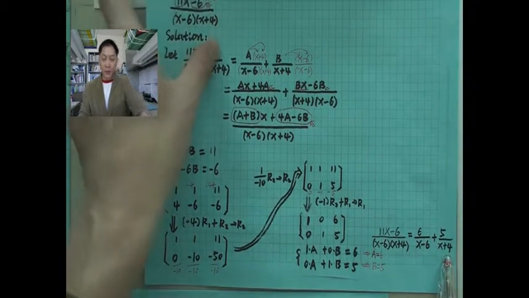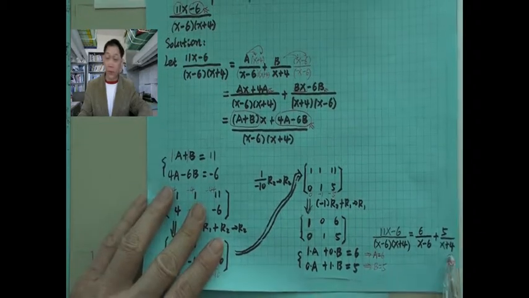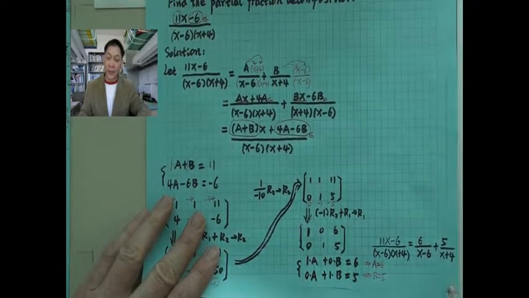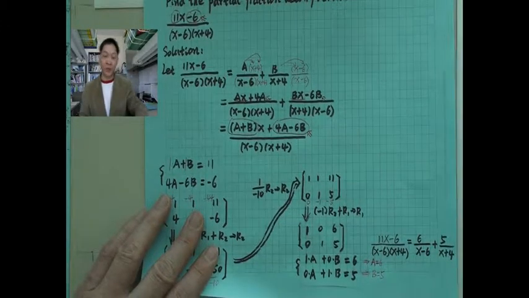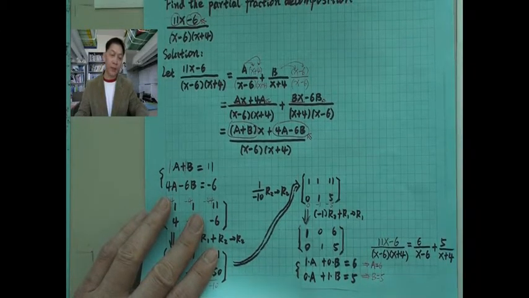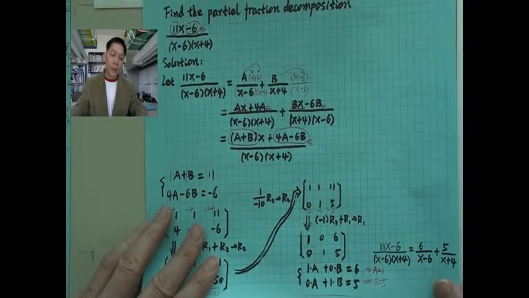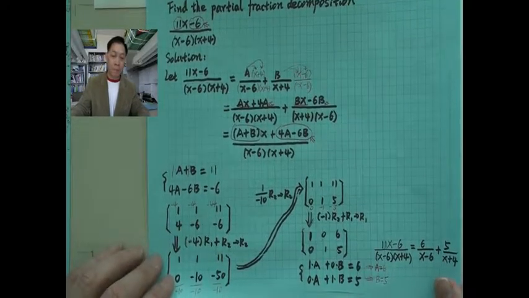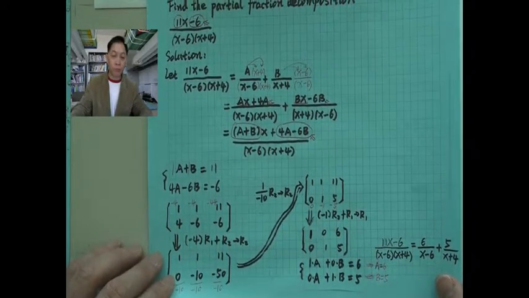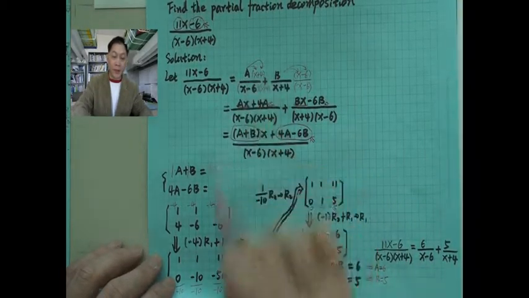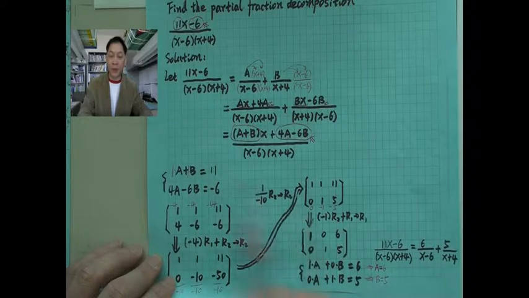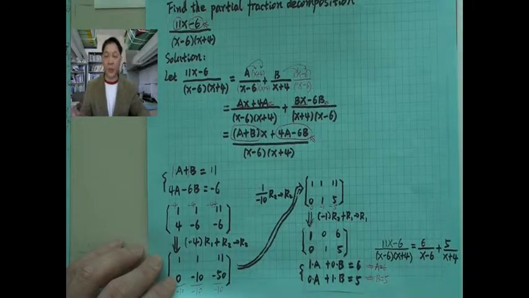That's why this class is called pre-calculus, and we'll use this in calculus, not here. Again, for this example, you assume A and B and then find them by solving the system of linear equations.